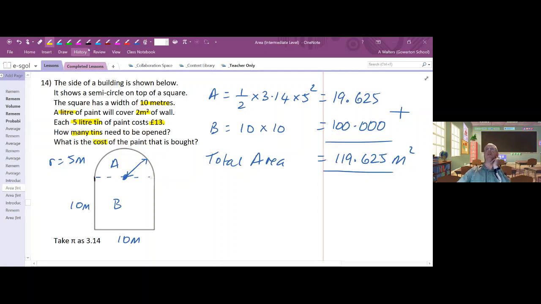I'm going to crack on and just try and finish this question in the allocated time. So we want to work out how many litres or how many tins of paint are needed, and this is what I'm going to suggest. Number of tins needed.